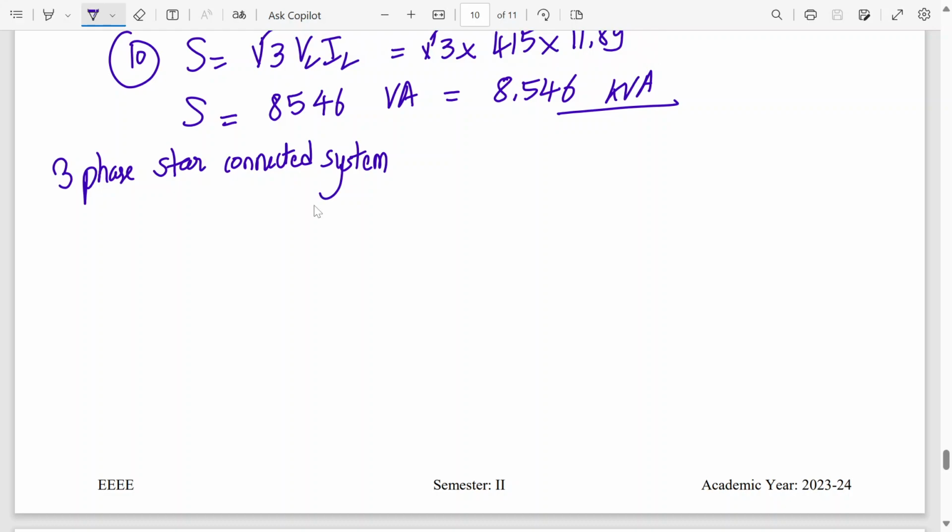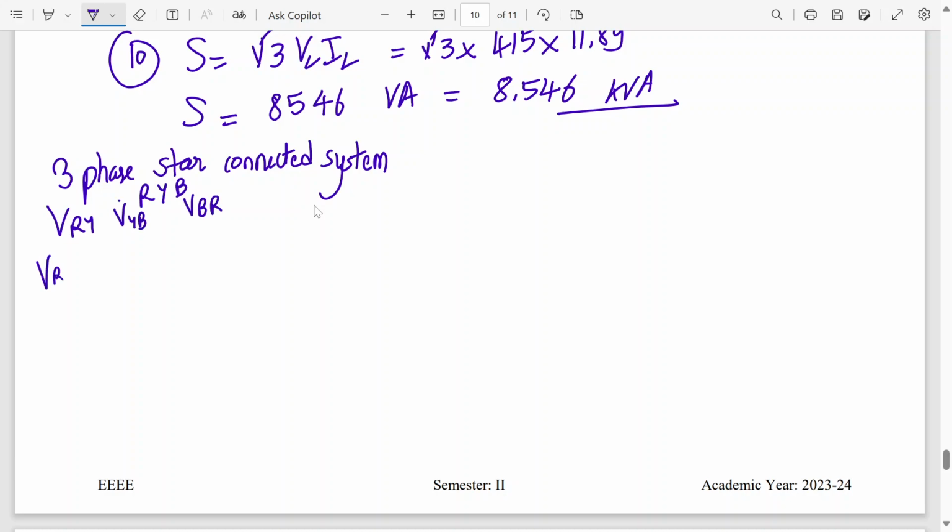Okay. So, in a three-phase star-connected system, we establish the relation between three phases. So three line voltages are VRY, VYB and VBR.